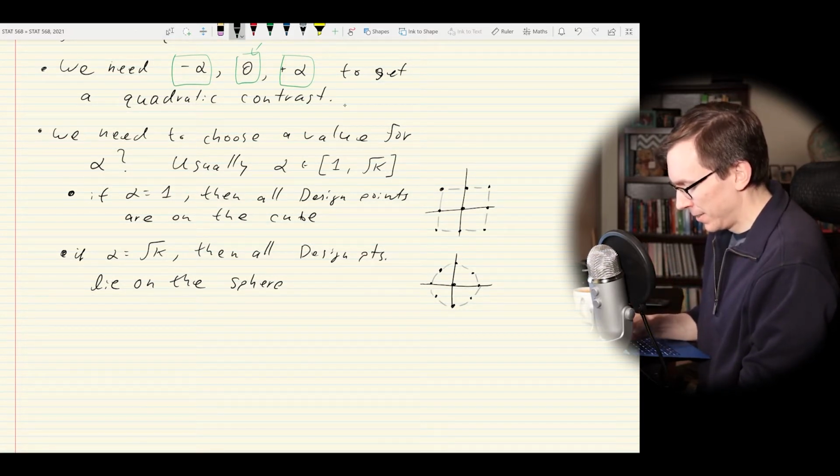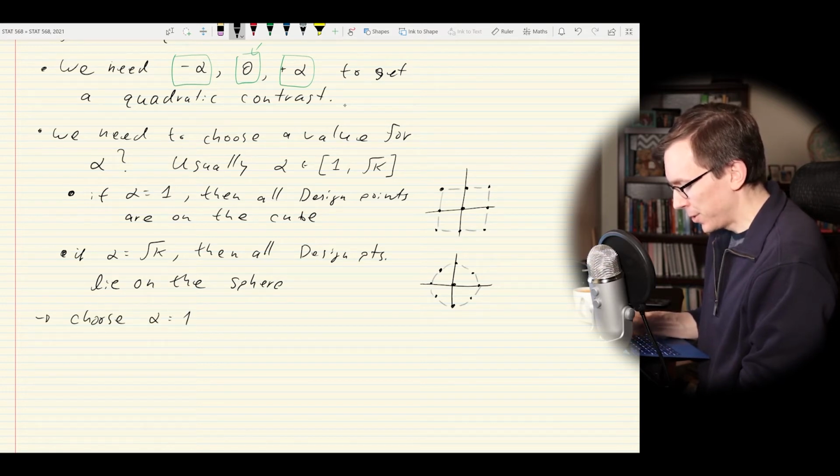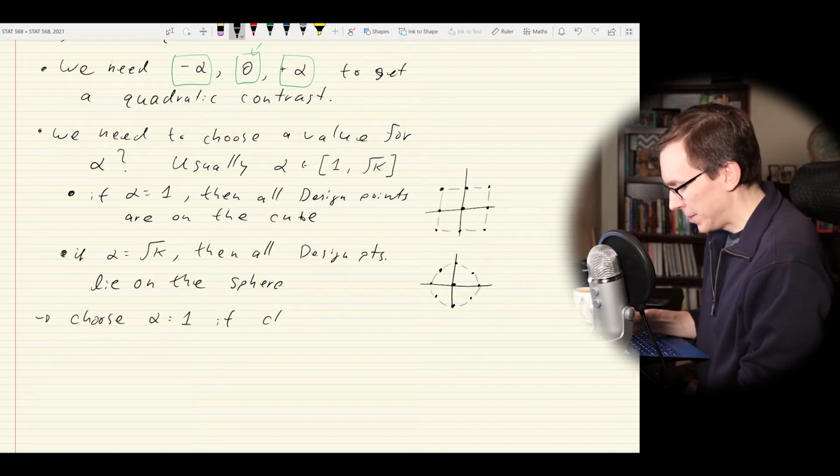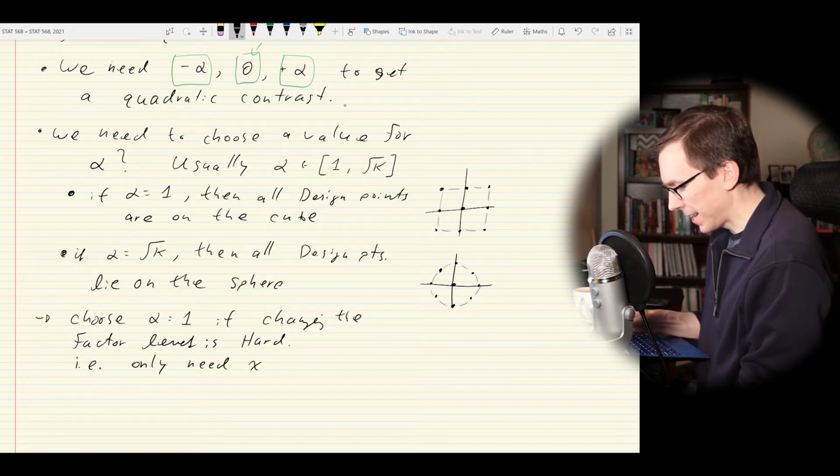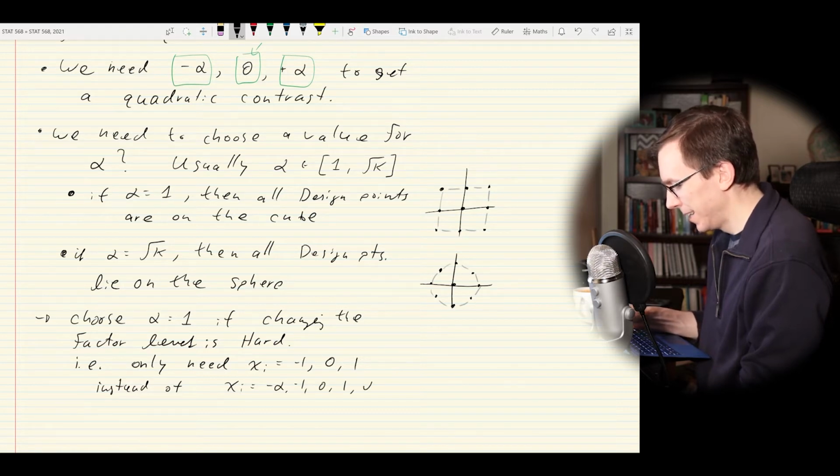So we choose alpha equal to 1 if changing the factor levels is hard, i.e., we only need x equal to -1, 0, and 1 instead of, let's say, x_i equal to minus alpha, -1, 0, 1, and alpha.